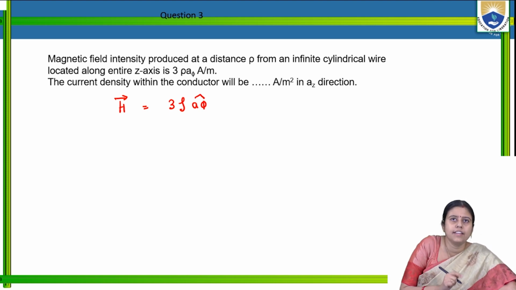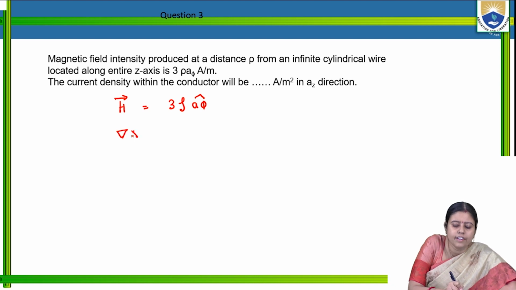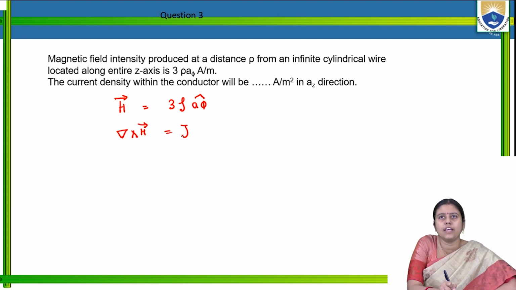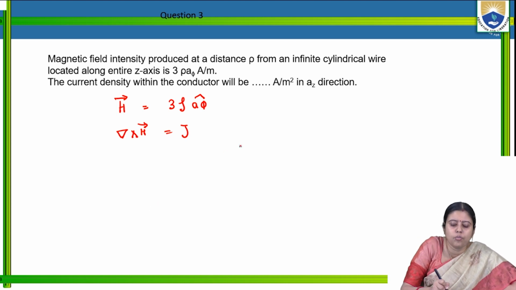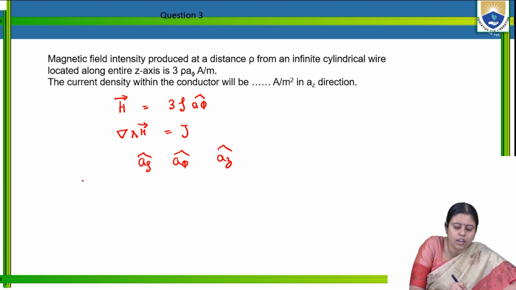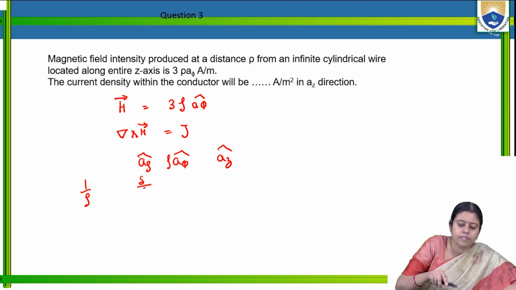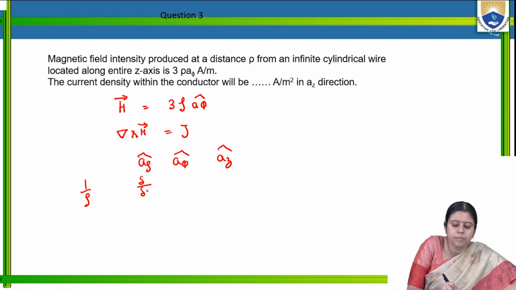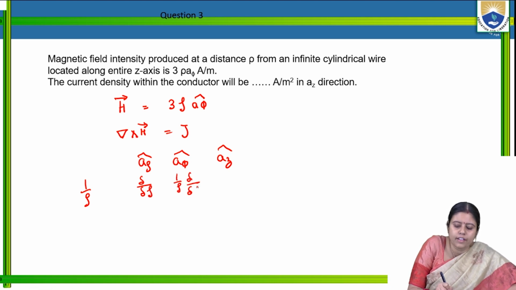The current density. Again, what is the current density? Grad cross H is equal to J. So this is the form of current density. So what did we get here? Grad cross H gives the determinant with A rho, A phi, A z, with 1 by rho, and del by del rho, del by del phi, del by del z.